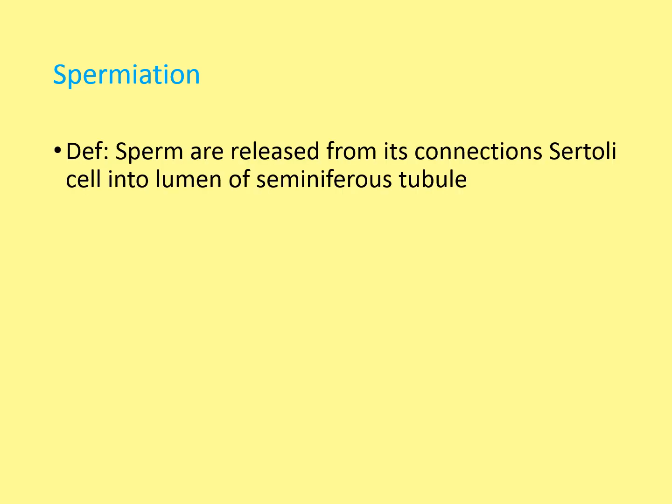Next is spermiation. So sperm are released from their connection, that is from the Sertoli or sustentacular cell, into the lumen of the seminiferous tubule, and the fluid of the Sertoli cell pushes the sperm.